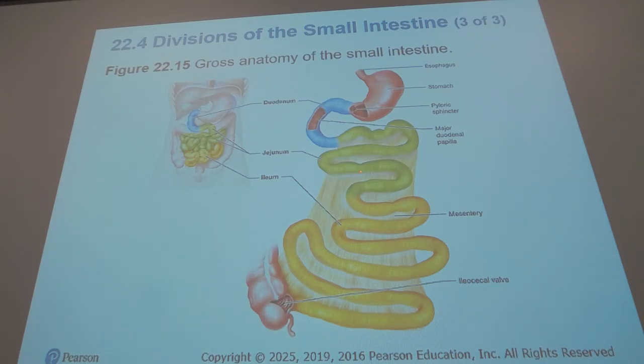Now, these intestine loops are held to the posterior wall of the abdominal cavity by the mesentery. And then the ileum ends in the ileocecal valve, which is a sphincter that prevents feces from the cecum of the large intestine from backing up into the ileum.